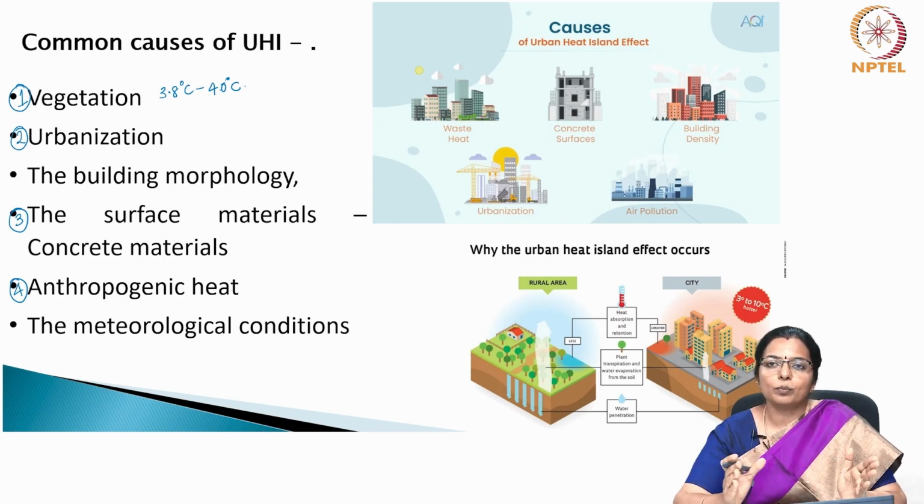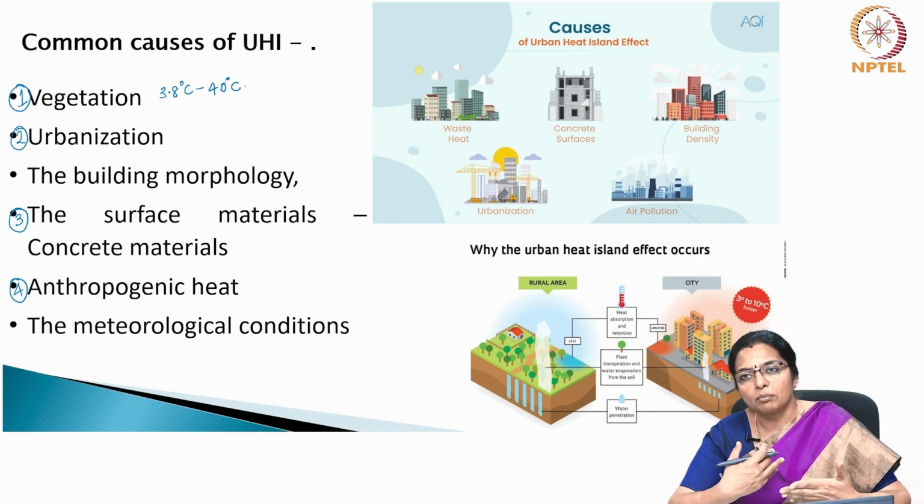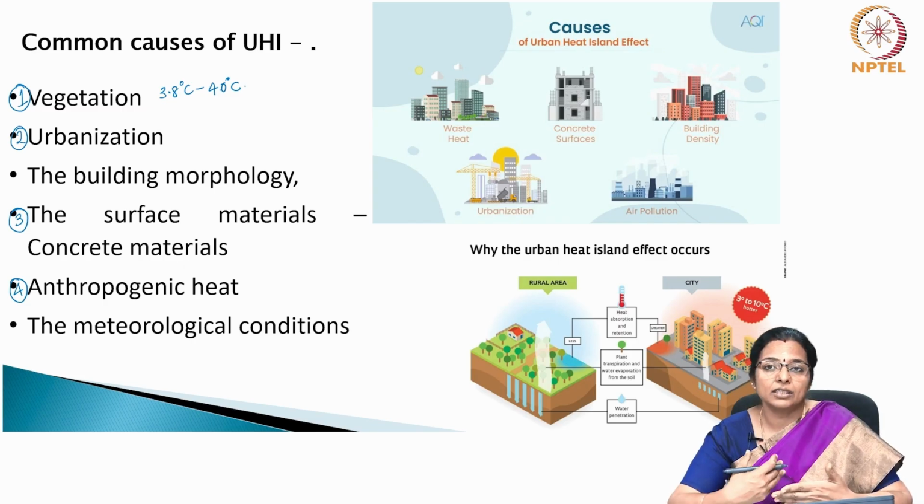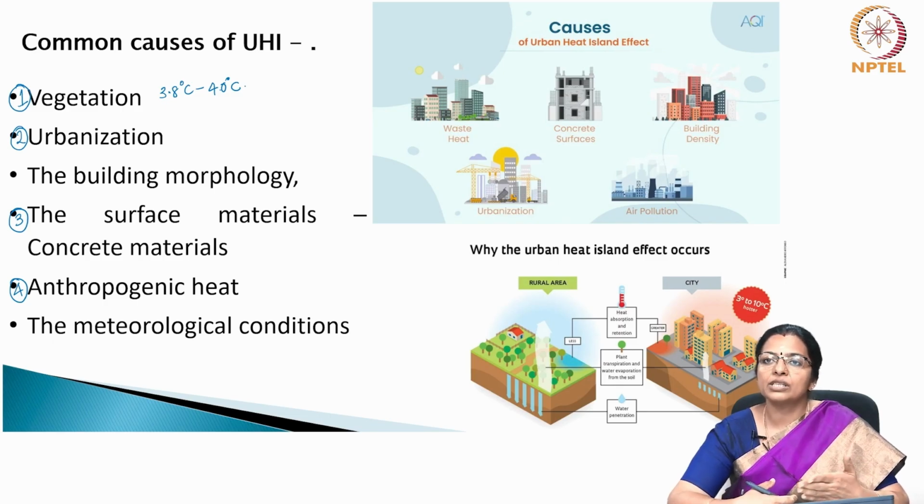Other than applying few planning strategies and optimizing building morphology, this factor's construction is beyond the scope of architects and planners. But reducing it is definitely in the hands of architects and planners, because if we are able to design buildings which do not need a source of active energy to cool them, then automatically the anthropogenic heat generated through HVAC systems can be reduced.